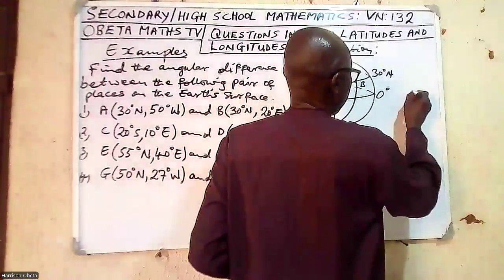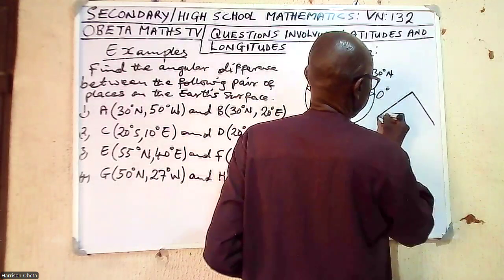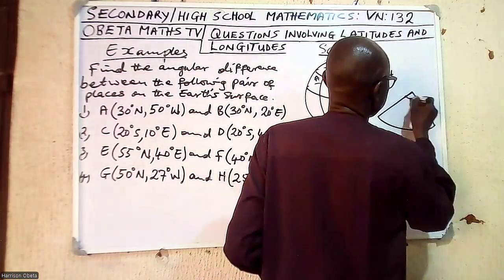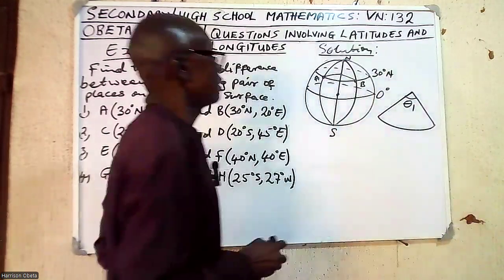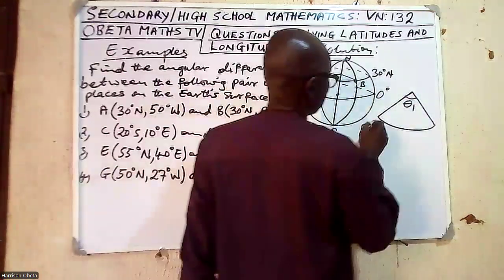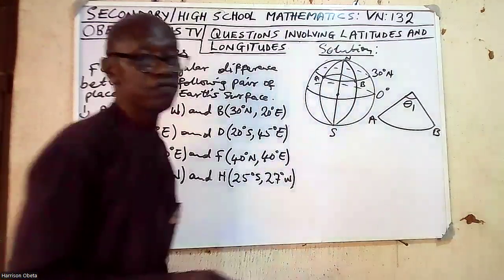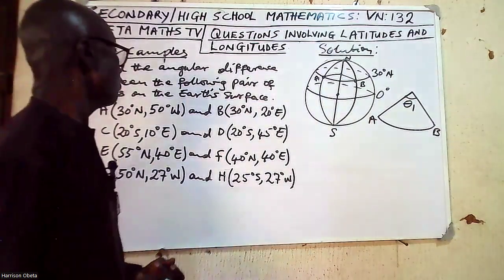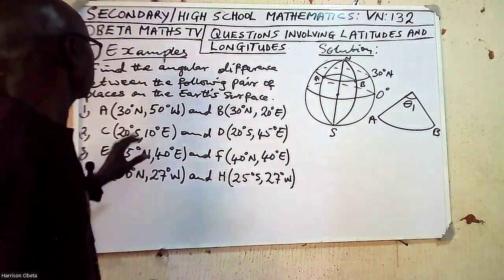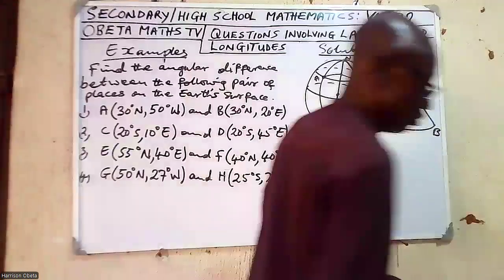So we can draw it outside. And let's call this theta 1. That's the angle between the two. Let's take this to be our A, B. We are looking for theta 1. And then from the formula, we said if we have east and west, it should be addition.